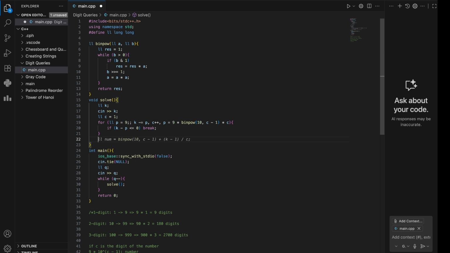After that, we convert K to the zero-indexed system, because I'm going to convert our number into a string and then use the position to determine that digit.